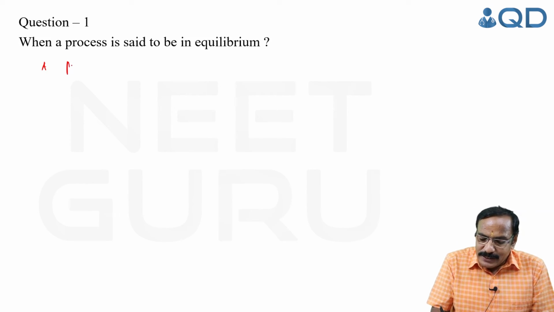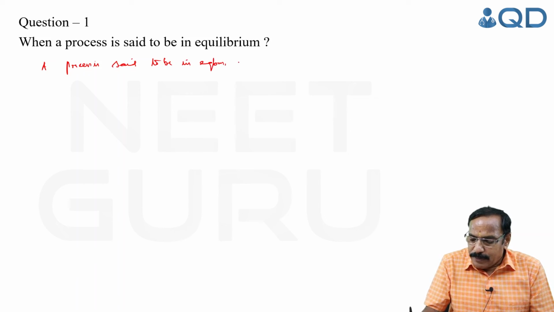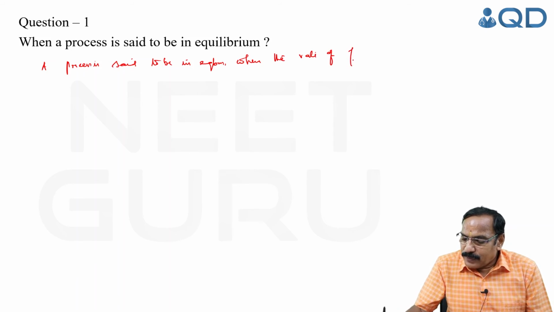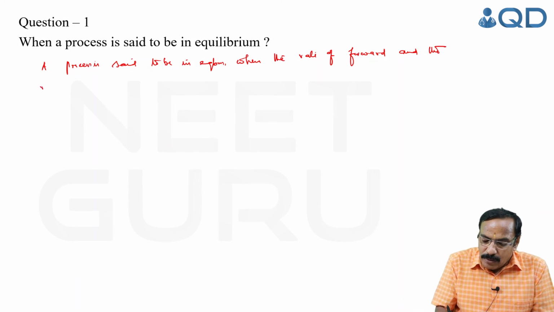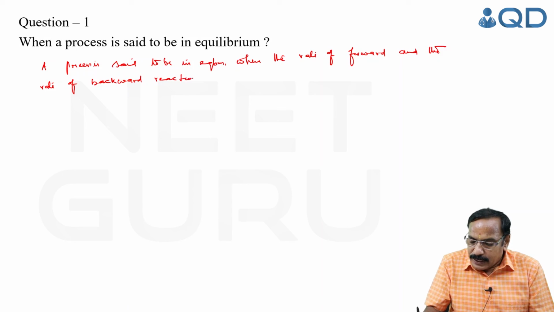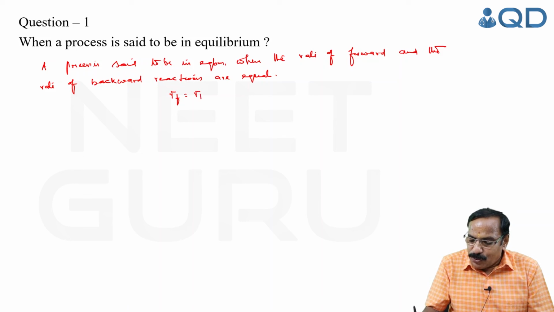So, the answer is: a process is said to be in equilibrium when the rates of forward and backward reactions are equal. So, RF is equal to RB at equilibrium.